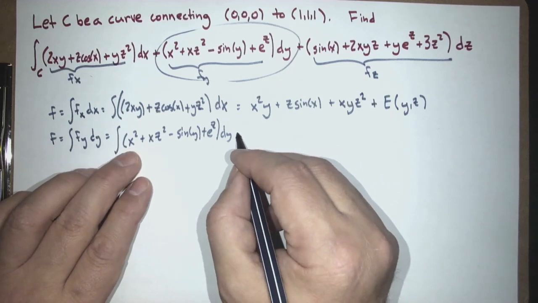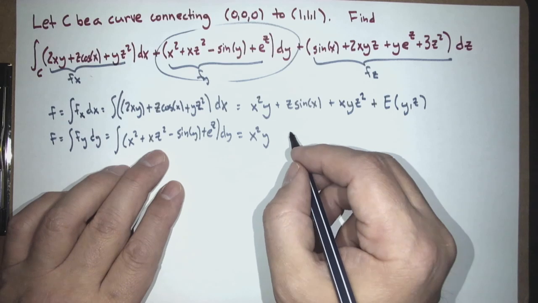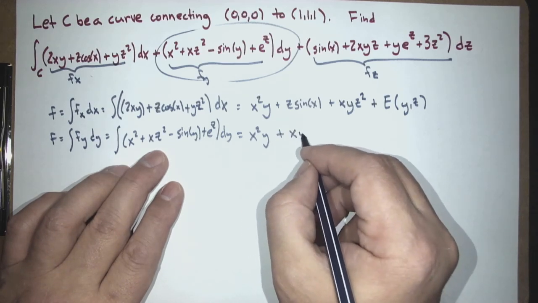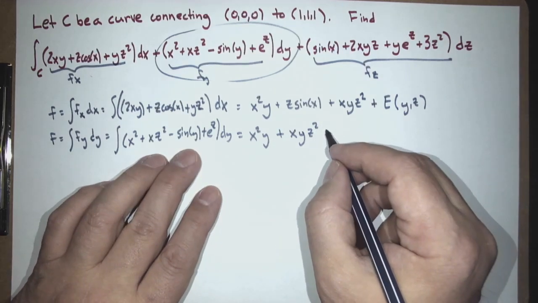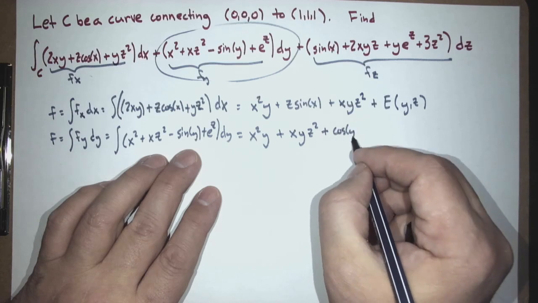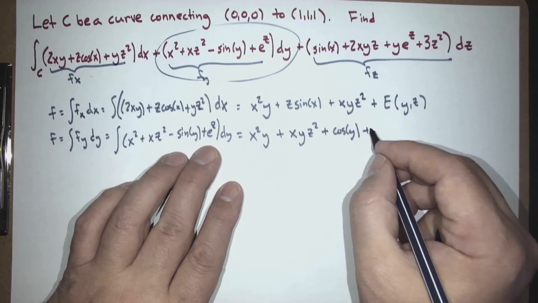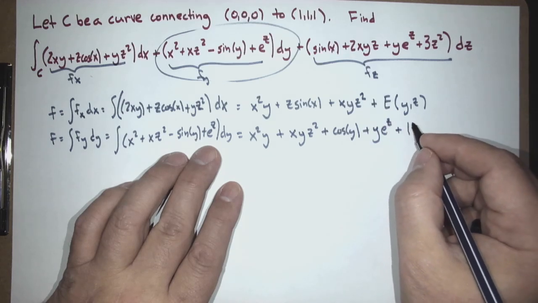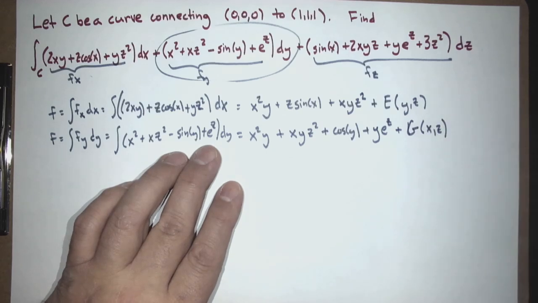The integral of x squared is x squared y. The integral of xz squared is xyz squared. The integral of minus sine y is cosine y. The integral of e to the z is y e to the z, plus some unknown function, I'll say g, of x comma z.